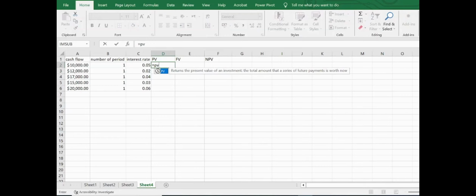So equal PV, open parenthesis. Rate is the interest rate. And this NPER is short for the number of periods. And this PMT is short for the payment, or in this case the cash flow.